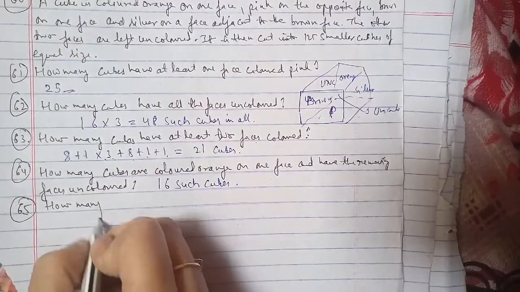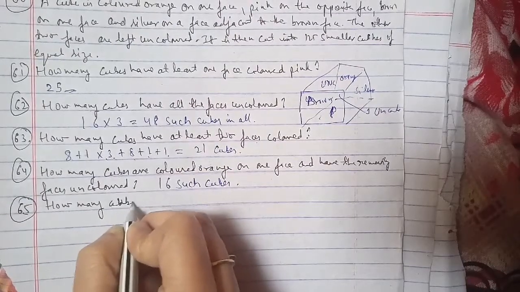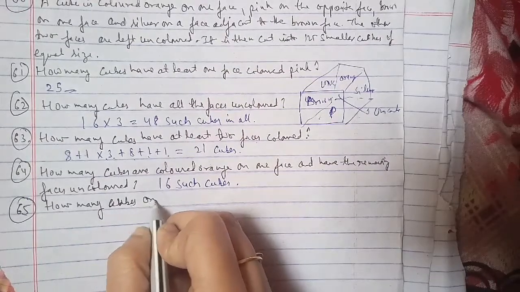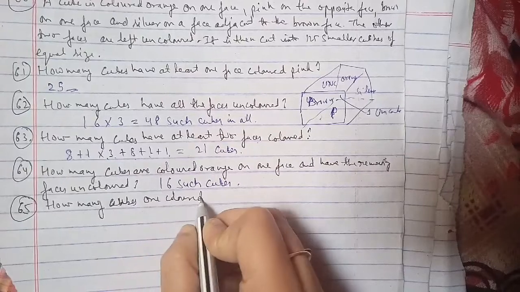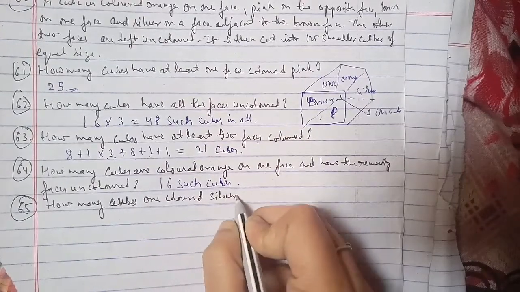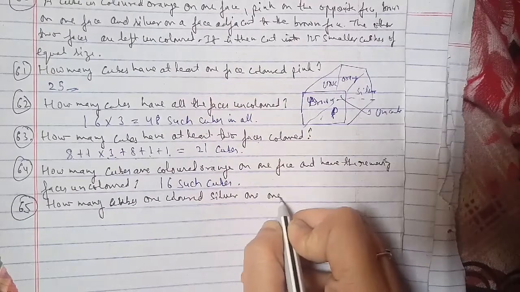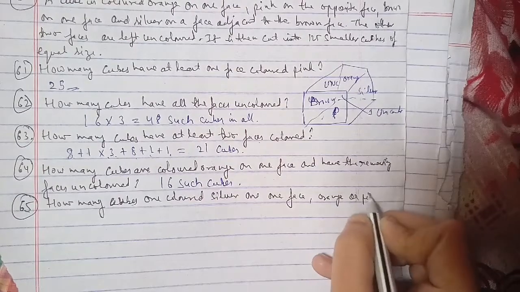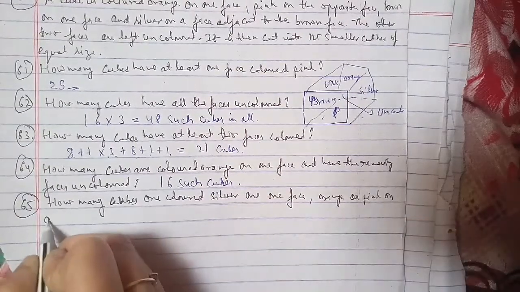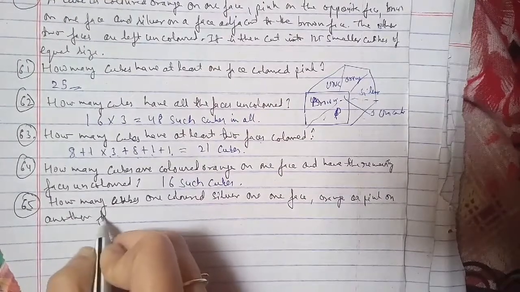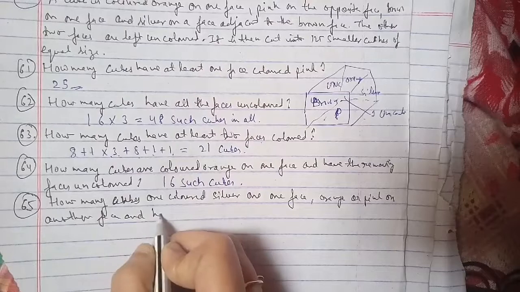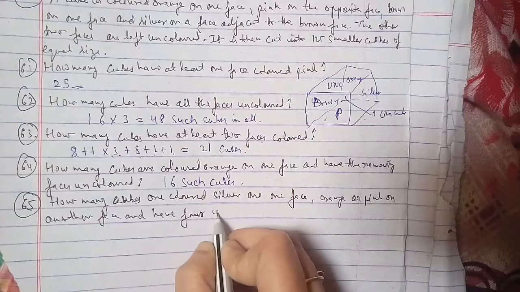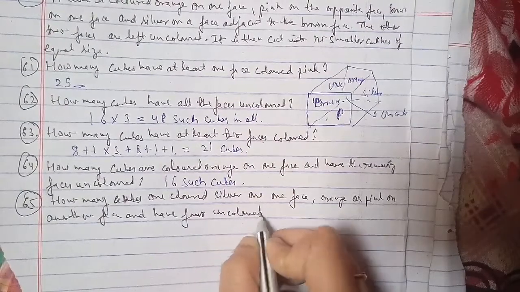How many cubes are colored silver on one face, orange or pink on another face, and have 4 uncolored faces?